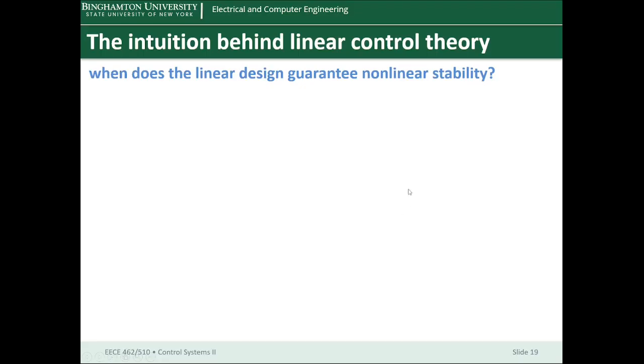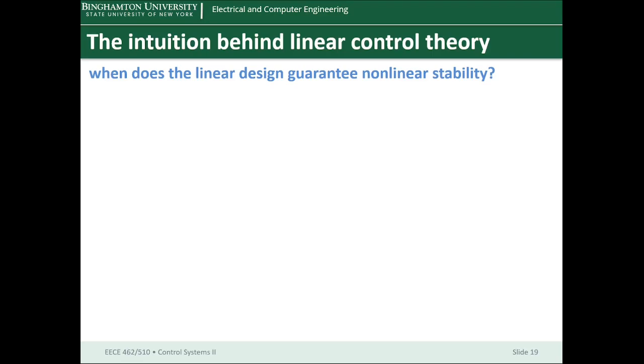Now, the key question is, when does a linear design or a linear stability actually guarantee a stability of a nonlinear system? To answer this, I draw on a result from nonlinear dynamical system theory.